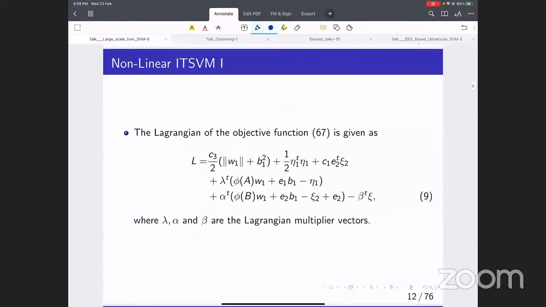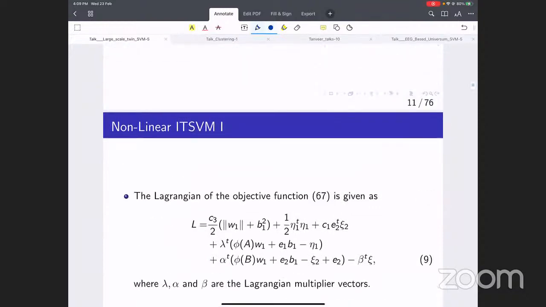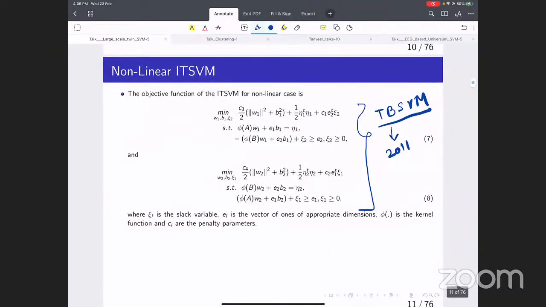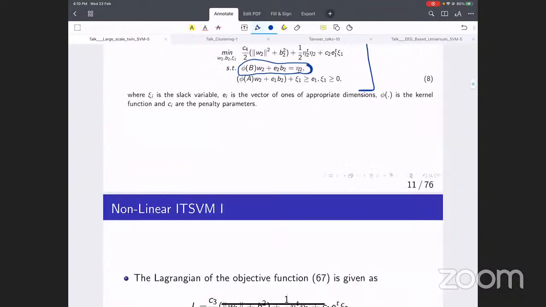What they are doing is solving this problem in such a way that they consider the first thing as a constraint. Second, they keep this one in the Lagrangian function.